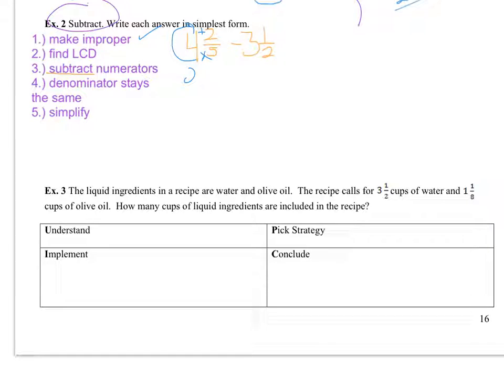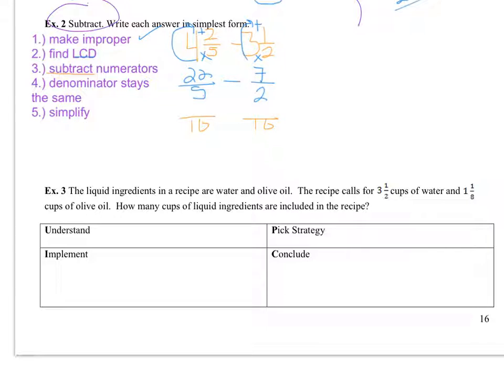So 22 over 5 minus, multiply 2 times 3 plus 1, so 7 over 2. Okay. So now I have to find the LCD, the least common denominator, because we notice I have a 2 and a 5 there. The LCD I'd like to use is 10.